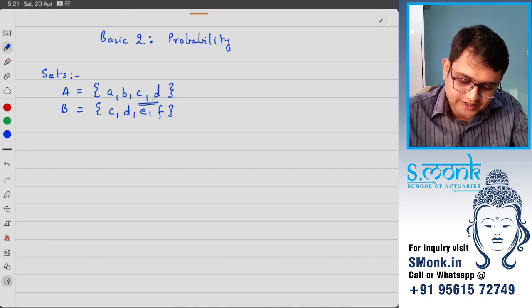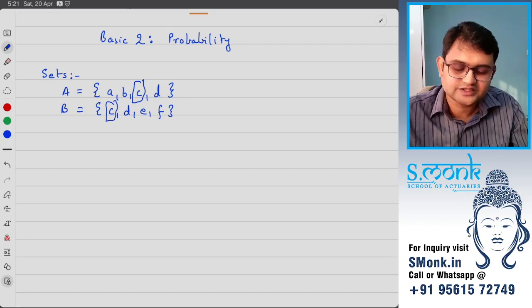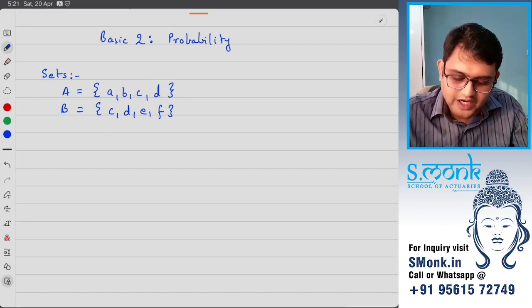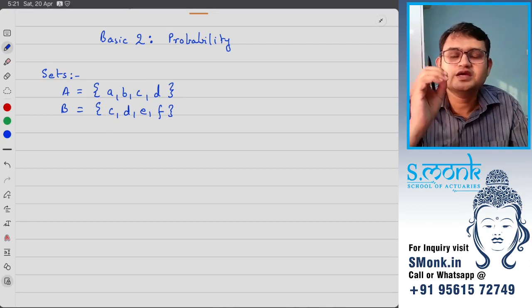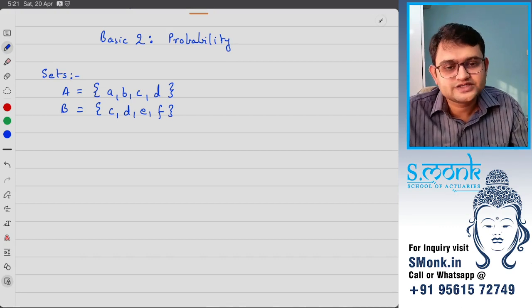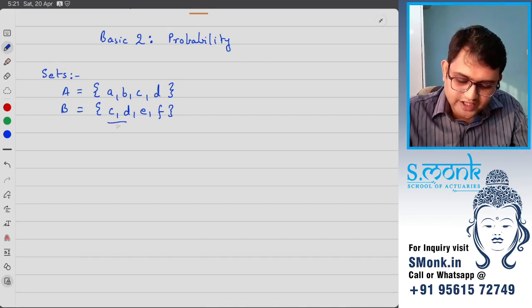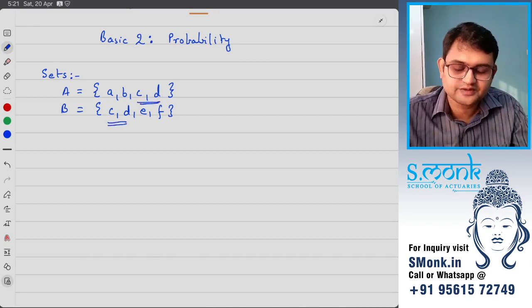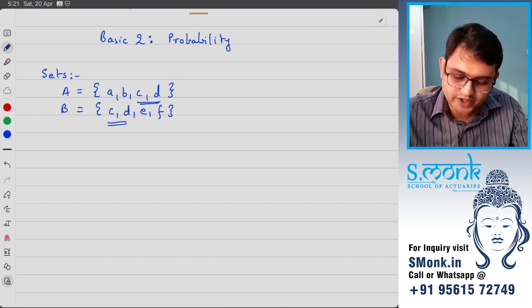That means this C is exactly the same as this C. There is only one C. Any item, any value, occurs only once in a set. So C and D are exactly the same, and these are 2 elements common to each other.